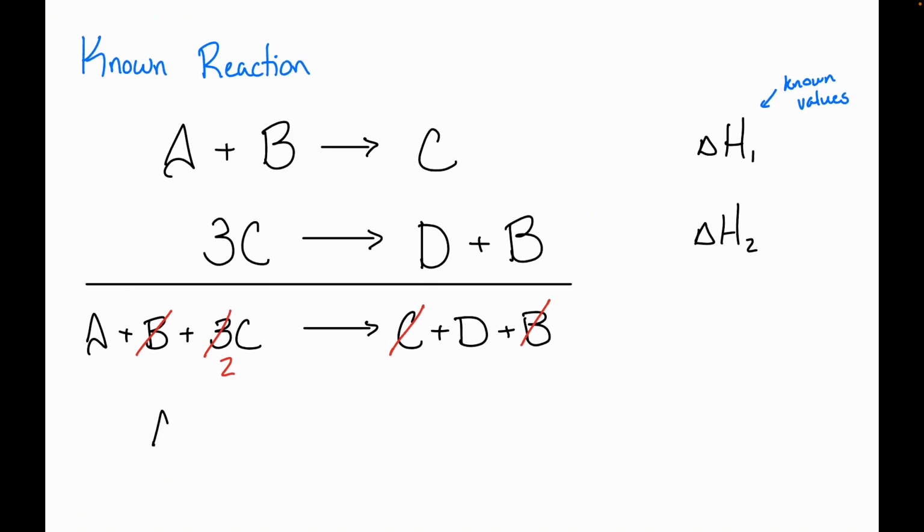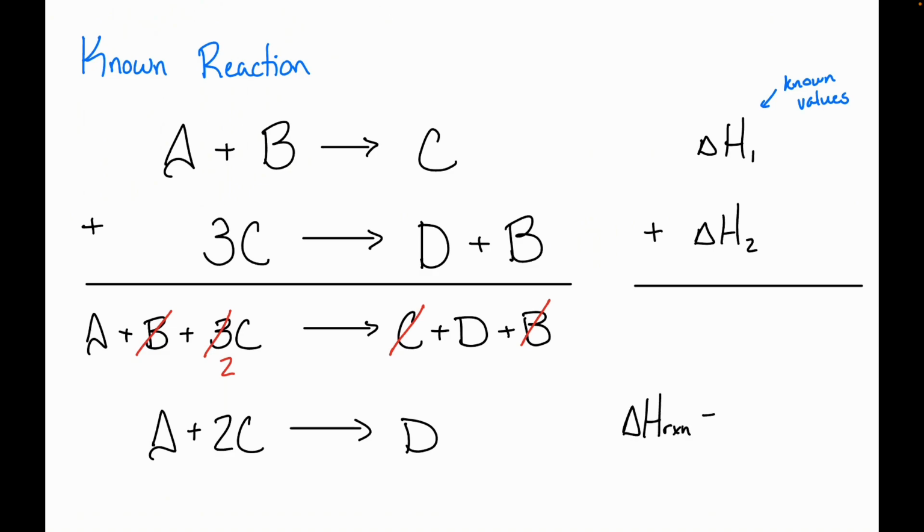Okay, so we have A plus 2C gives us D. And likewise, we're going to do the same thing with our known enthalpy values. We're going to sum them up. So the delta H of this overall reaction is just equal to the sum of those two steps.